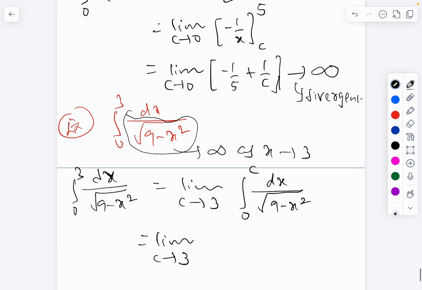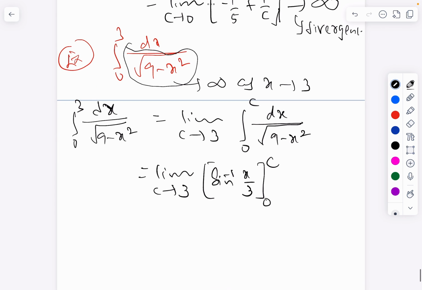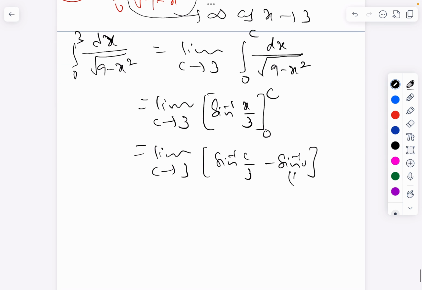This is nothing but sine inverse x by 3, a standard formula, from 0 to c. So this is limit c tends to 3 of sine inverse c by 3 minus sine inverse 0. Sine inverse 0 is 0, and when c tends to 3, this is sine inverse 1, which is pi by 2. That is finite, and so you can say that this is convergent.